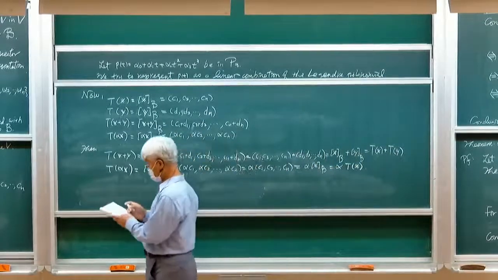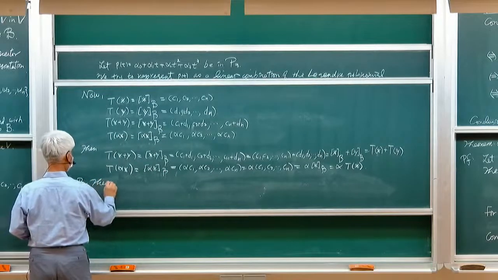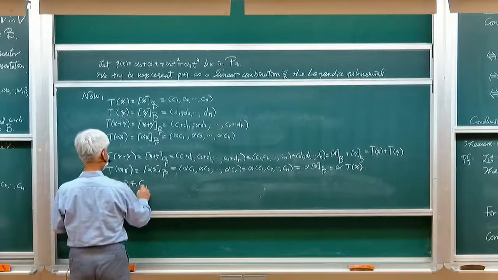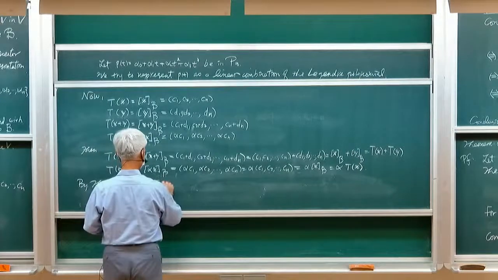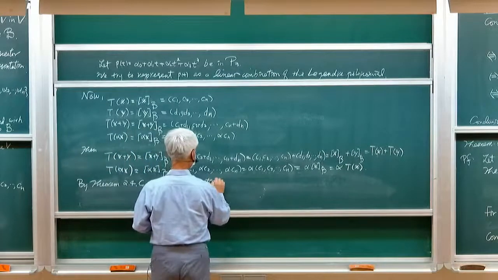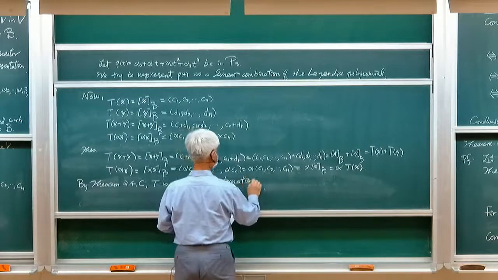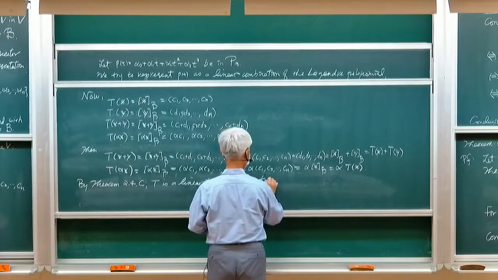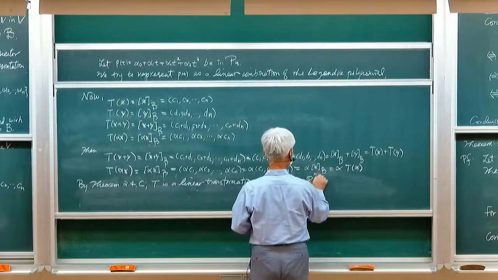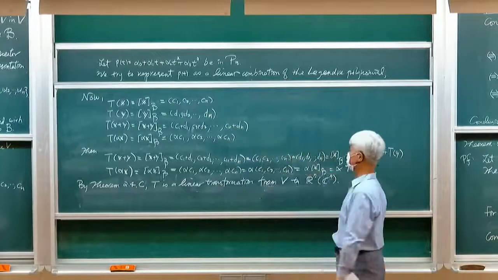And with that, by theorem 2.4.c, T is a linear transformation from V to R^n. Okay?